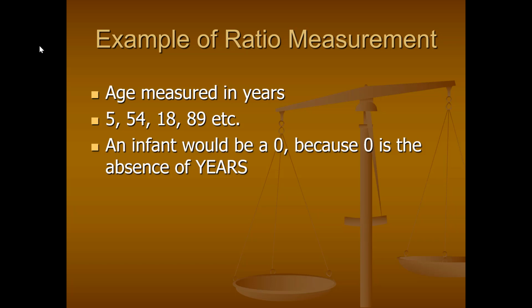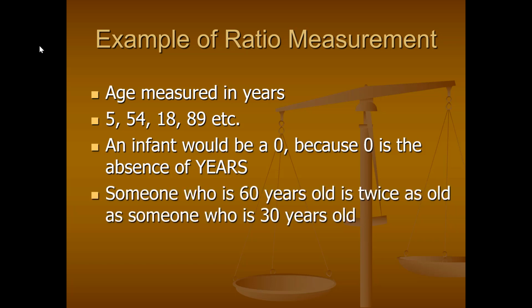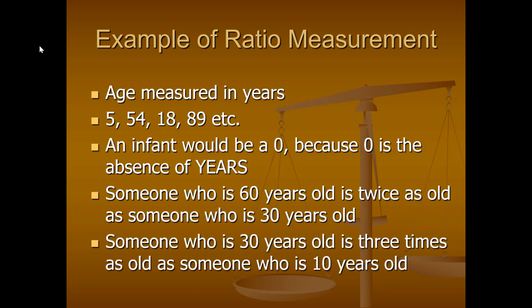I'm measuring age as the actual number of years. So someone who is 60 years old is twice as old as someone who is 30 years old. Someone who is 30 years old is 3 times as old as someone who is 10 years old. I can make statements like that because, again, we have an absolute 0, the absence of years.